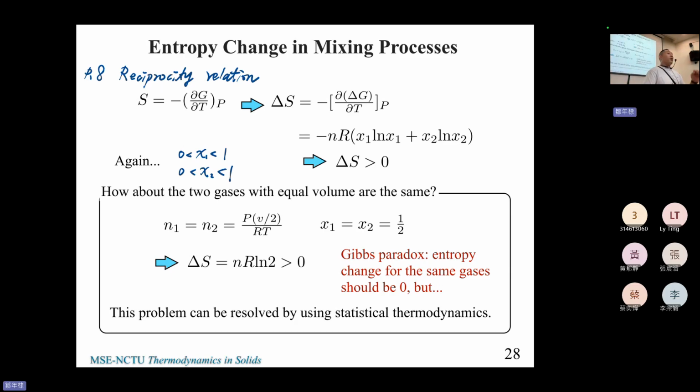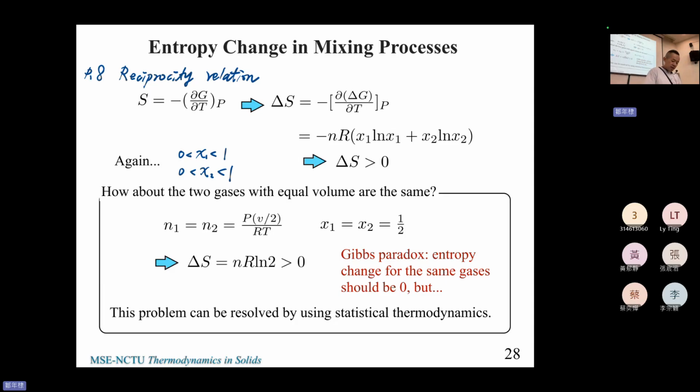And then one exception we can mention here is: how about two gases with equal volume that are the same, which means that gas 1 and gas 2 are all the same. If you take out the wall between them, they are all themselves, so nothing changes.